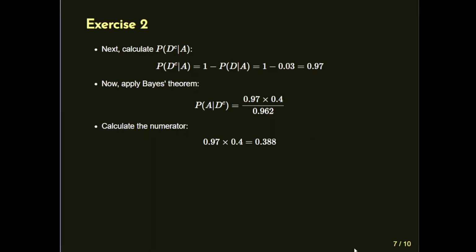This is a straightforward complement of information that we are given. It's figuring out in your head what proportion of them are okay given that they come from A? Well, if we know that 3% are not okay, that means 97% are.